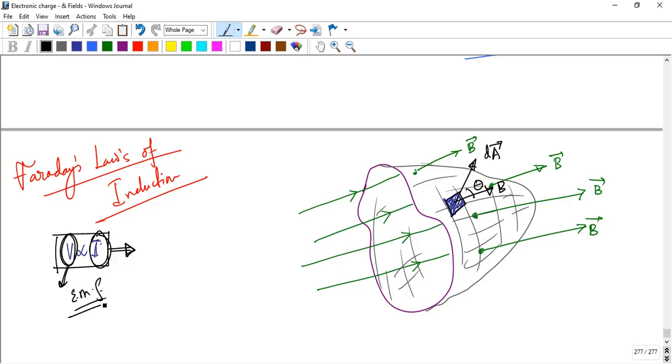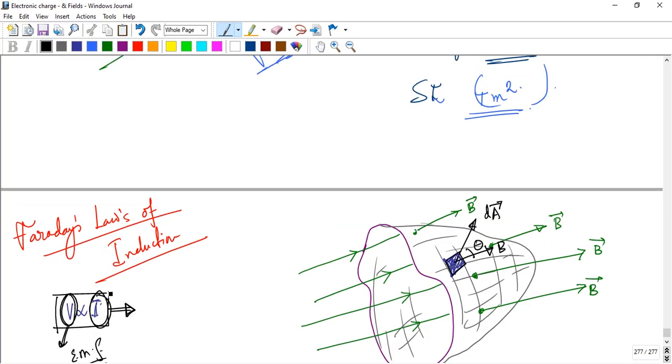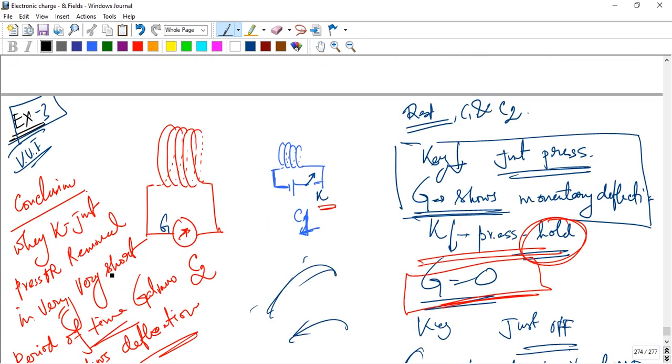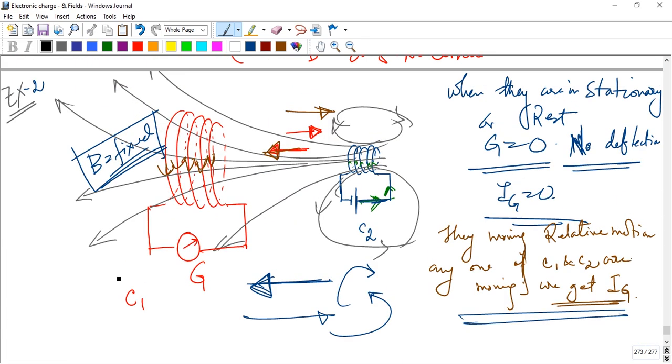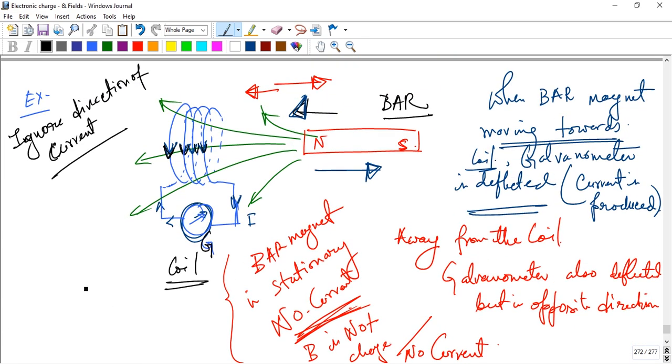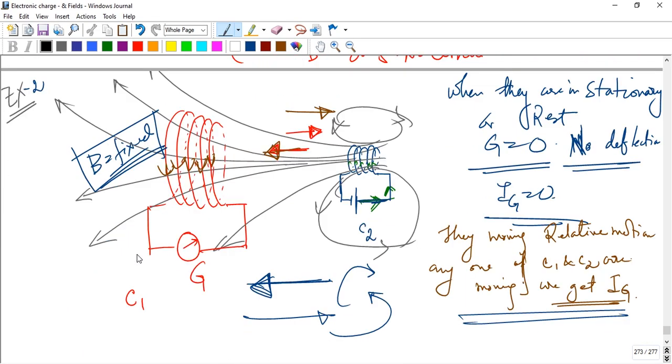The Faraday-Henry experiments show a single coil in relative motion, or a tapping key pressed or released, gives some current, and these are called induced currents. These are experiments 1, 2, and 3.